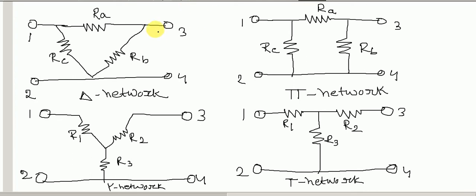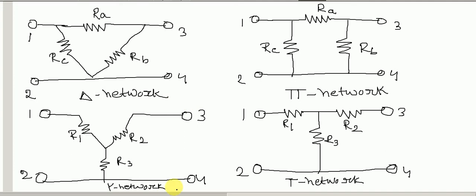What I want is to convert this delta into the star, or I can say this pi network into the T network. Try to understand: delta network to star network, or pi network to T network. This is my goal. What I will find, I will definitely share with you.